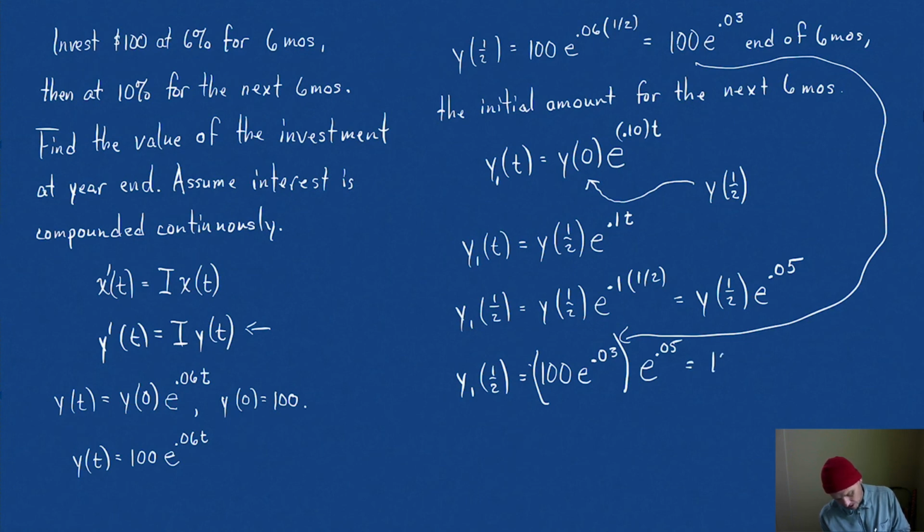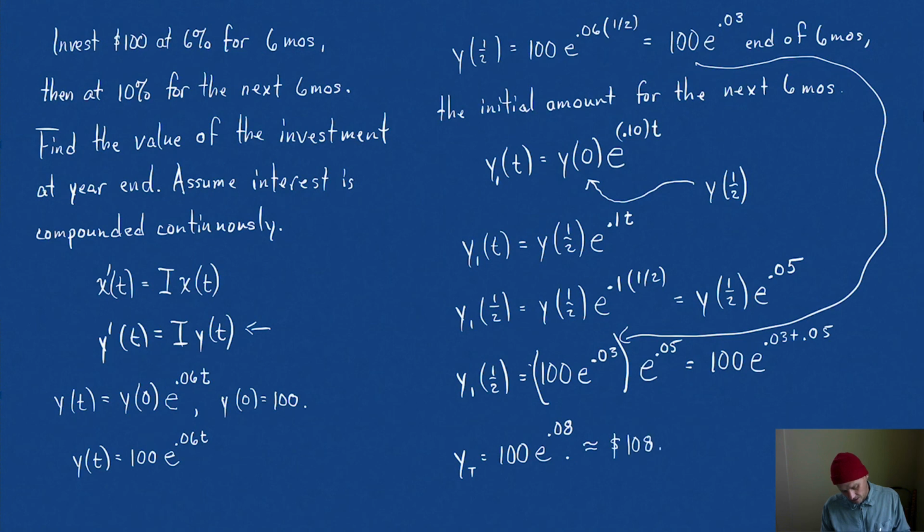This is 100 times e to the 0.03 plus 0.05. So our total investment, I will call it y total, is going to be 100 times e to the 0.08. And you can put that in your calculator, and I think that gives you something around $108.33.